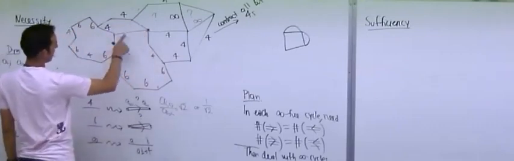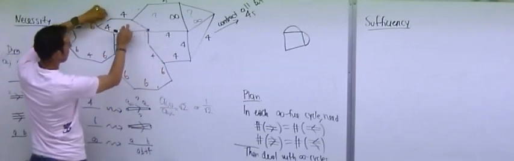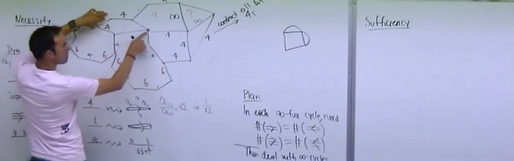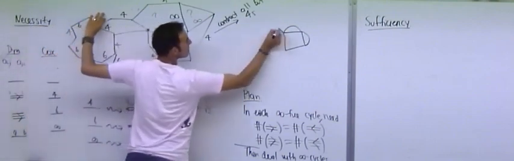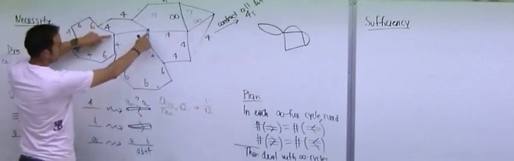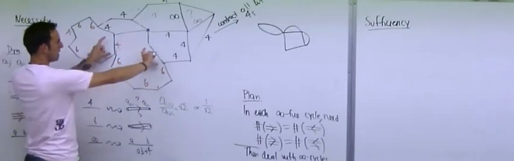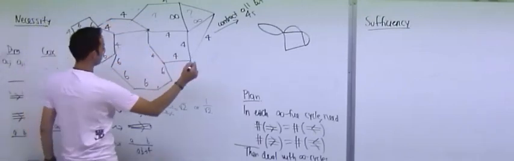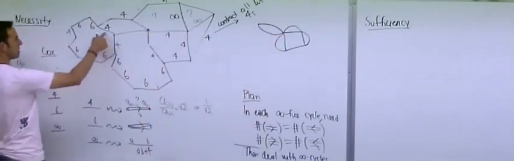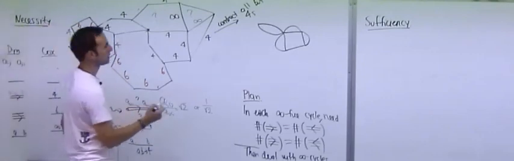Now here, I have this cycle where this guy got identified with this one, this guy got identified, and so these two are identified, and they're coming out of this vertex, so now they're going to look like this. Here, I have this cycle. Now I only get these two 4s, where they're going to look like this. And then finally, this cycle, I already drew these two, and now I need to draw these other two, so I get something like this.